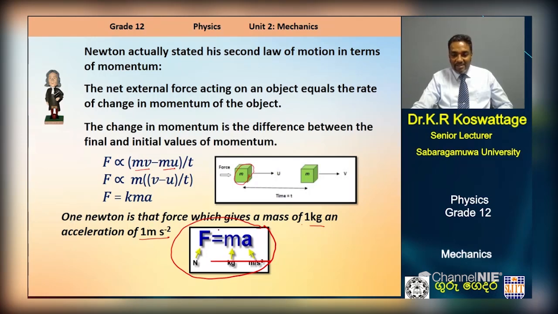F is measured in Newtons, mass in kilograms, acceleration in m s^-2. F equals ma is the equation.